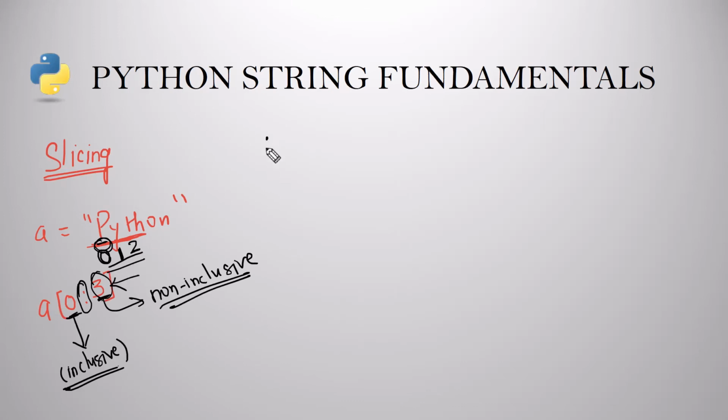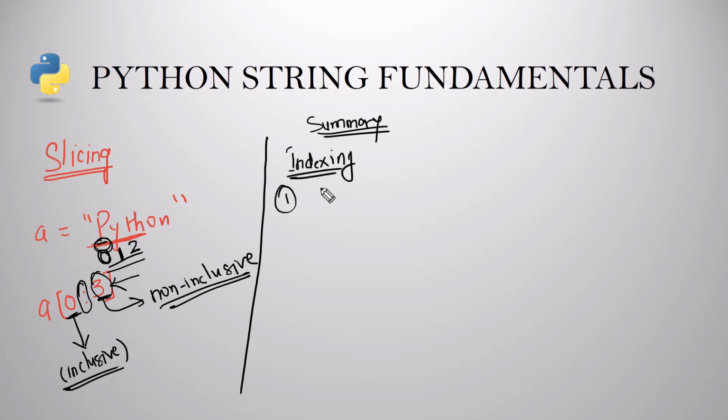So if we summarize, indexing can be written as S[i], where S is the string and i is the offset. The first item is at offset 0.